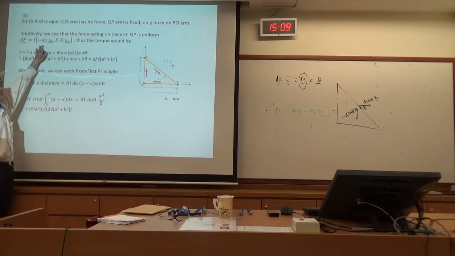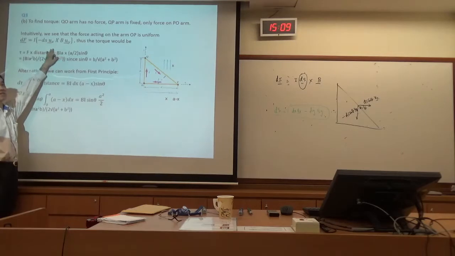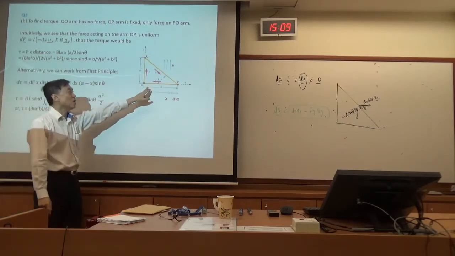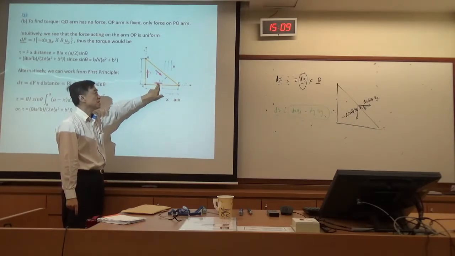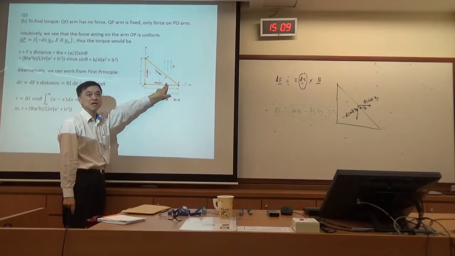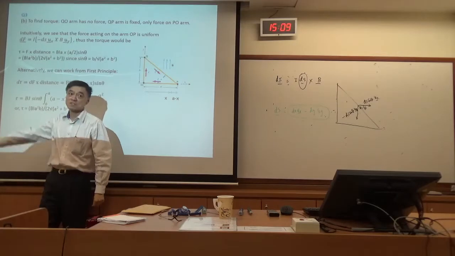This ds is dx. These are constant, everything is constant. So if you take a small little ds here, it has the same force as a small ds here. So it's a constant.